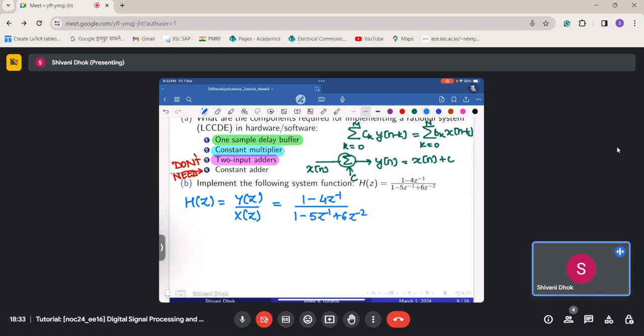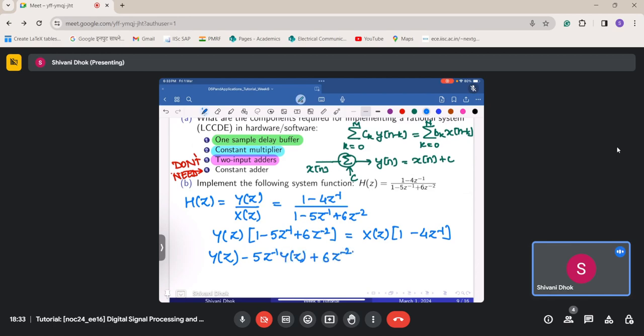So we can write Y of z multiplied by 1 minus 5z inverse plus 6z to the power minus 2 equal to X of z multiplied by 1 minus 4z inverse. That gives Y of z minus 5z inverse Y of z plus 6z to the power minus 2 Y of z, equal to X of z minus 4z inverse X of z.